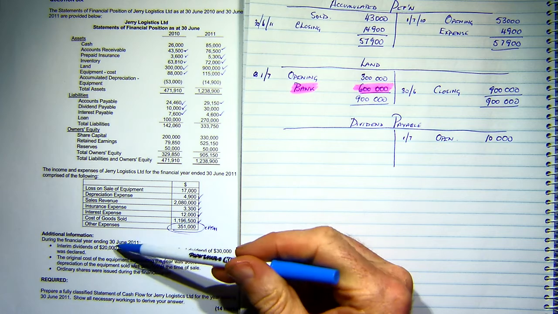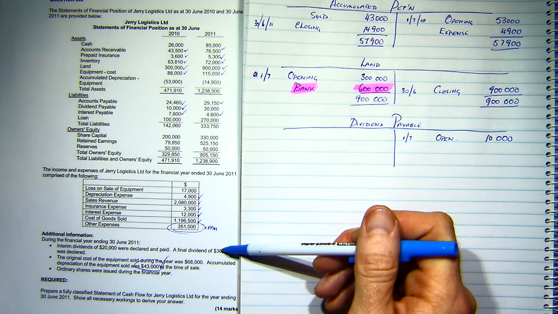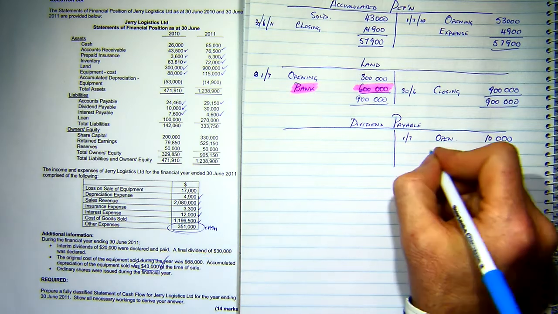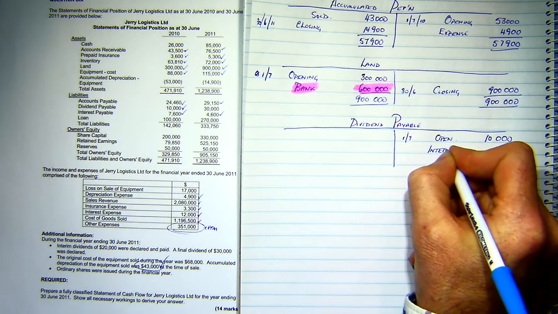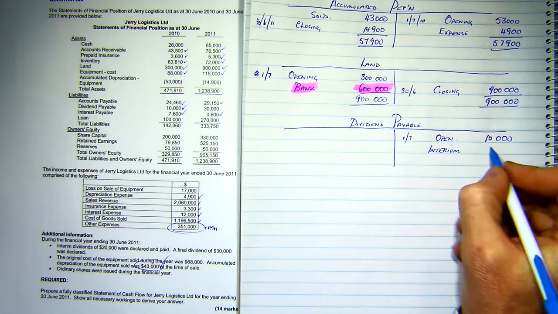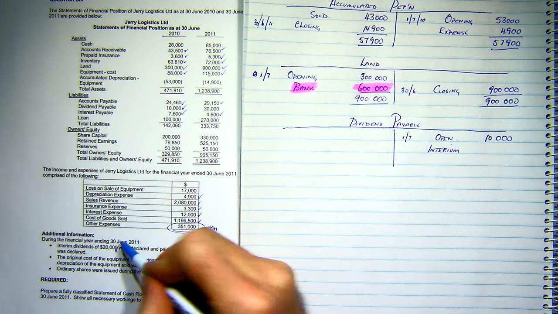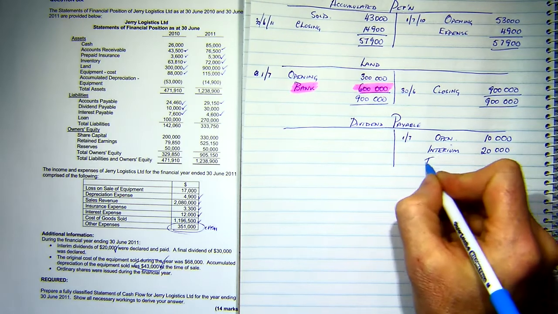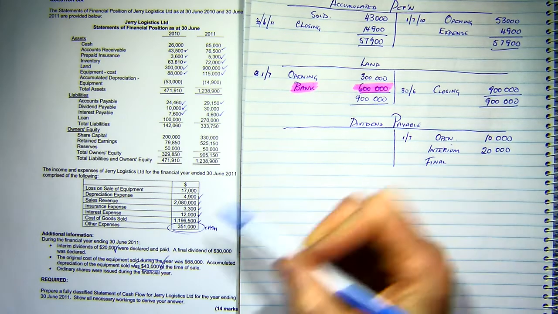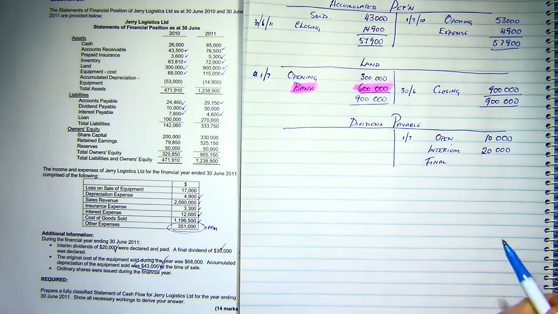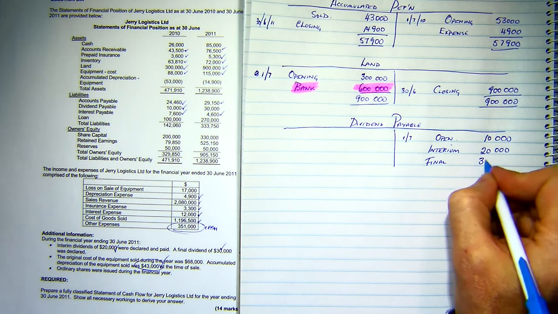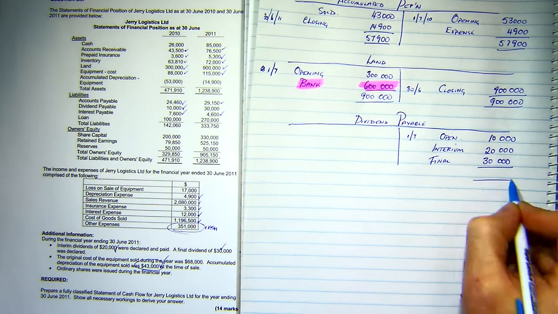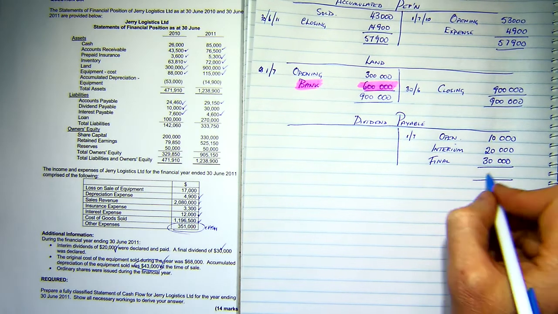Now we've also got some interim dividends and some final dividends, so that would have increased my dividends. So let's put in interim. My interim was 20,000, and my final dividend was 30,000. So that'll give me a total of 10, 20, 30, 60.